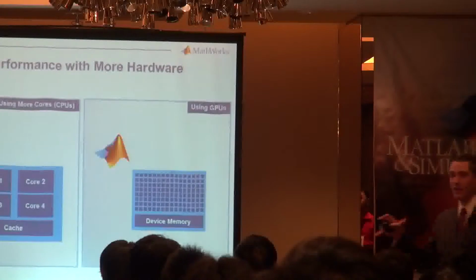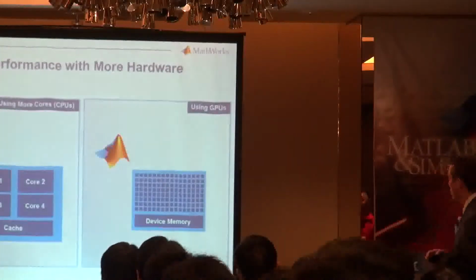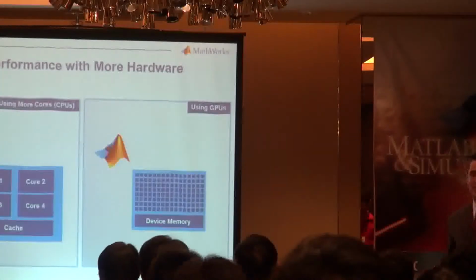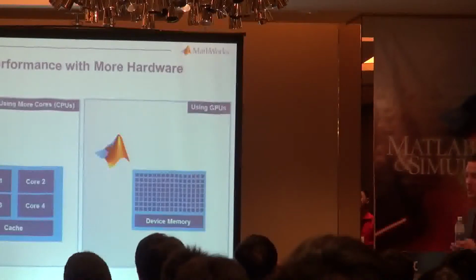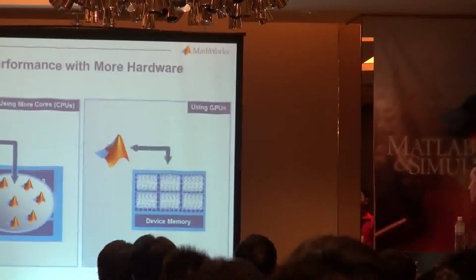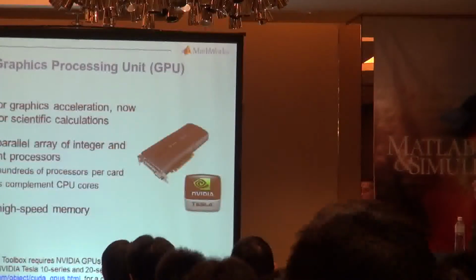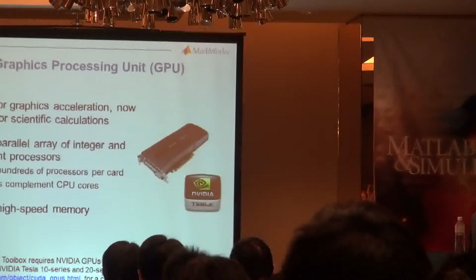Well, graphics processing units are basically massively parallel processors. So instead of doing 4 threads, I can do hundreds of threads. The Parallel Computing Toolbox supports NVIDIA CUDA, so the Tesla cards, because the NVIDIA people are here and are giving a session later.